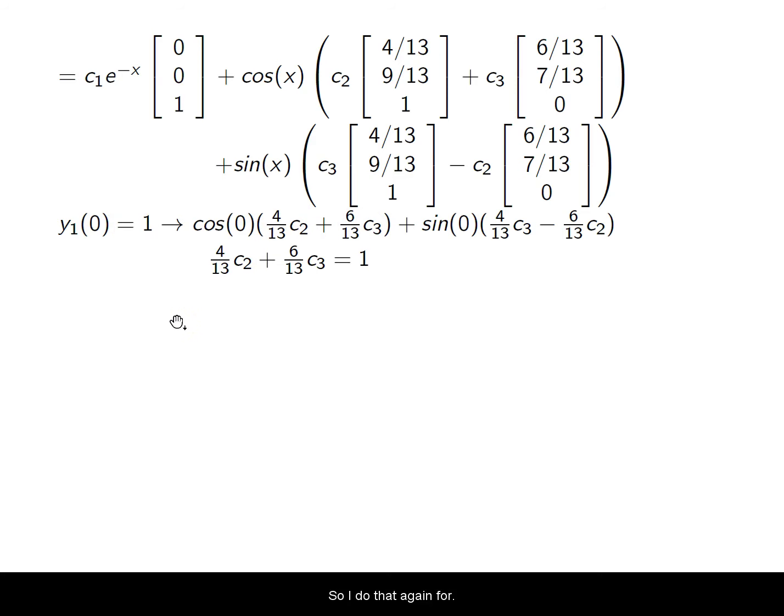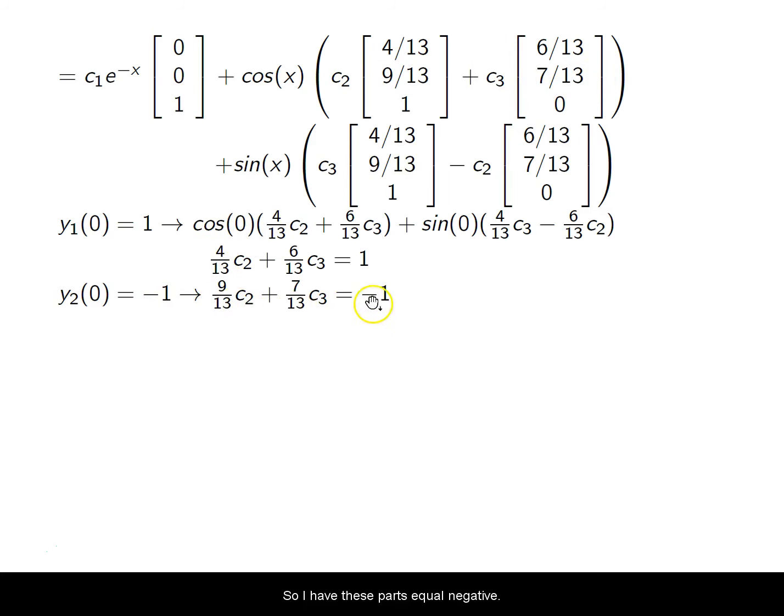I do that again for y2 of 0 being negative 1. I go through the exact same process. I didn't write it out this time, I just wrote the results, so I'll give you a second. Again, the sine parts all go away, and I'm just left with these two cosine parts, C2 times 9/13 and C3 times 7/13, because cosine of 0 is 1.